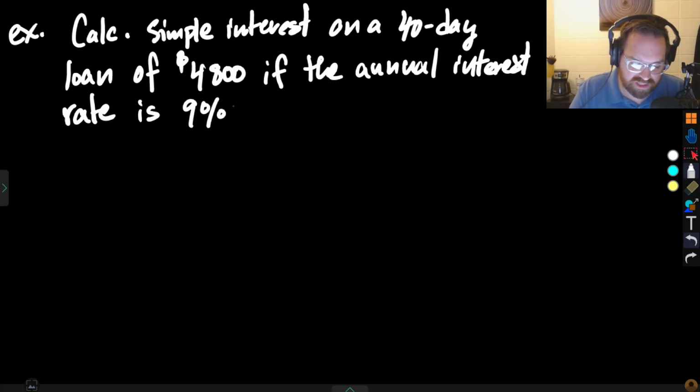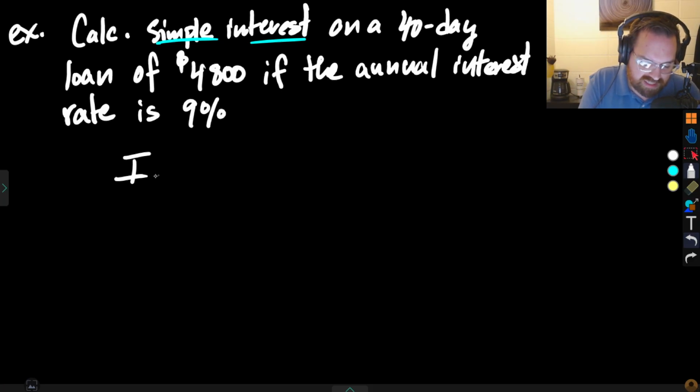So we're not looking for any future value. We're looking for the simple interest, right? Calculate the simple interest. That's I. So I is equal to PRT.